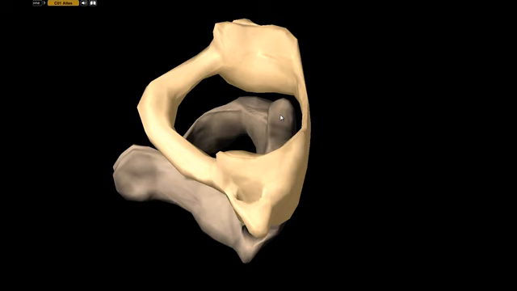So most of the rotation segmentally occurs between C1 and C2, and then we get incremental rotation from C2 down to about T2, T3 when I have cervical rotation or head turning. When I turn my head, I'll have the majority of the motion occurring at this level, and then incrementally all the way down into the upper thoracic.